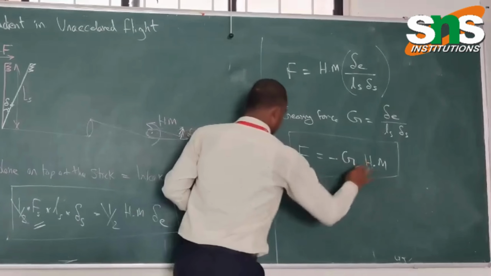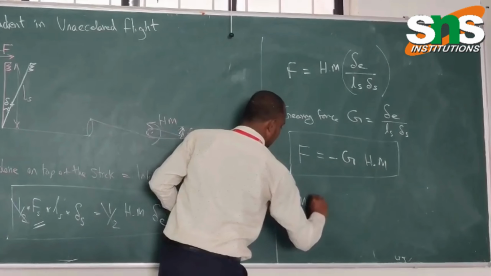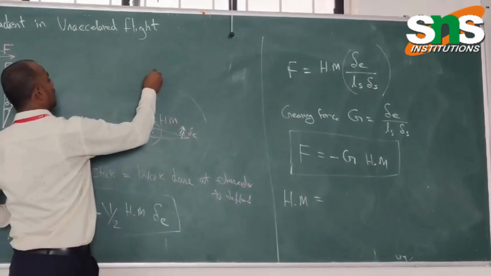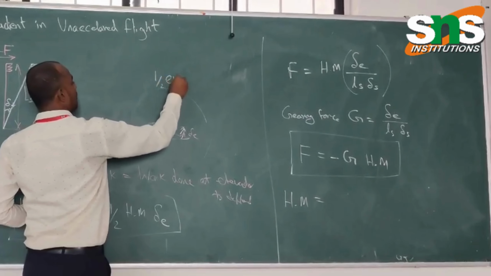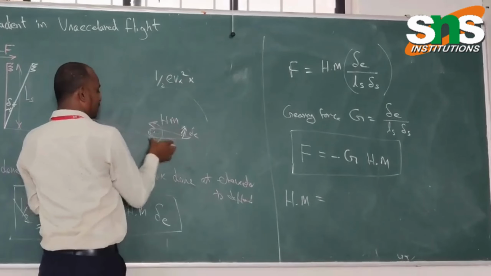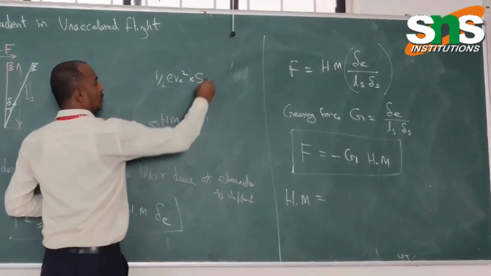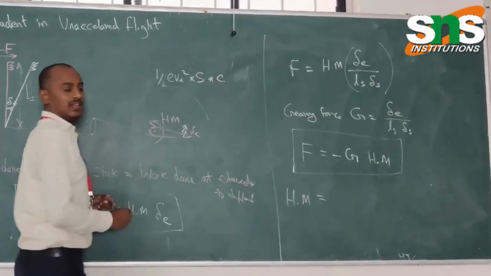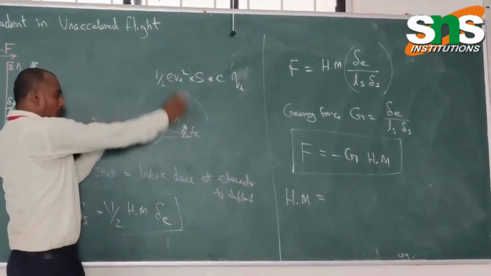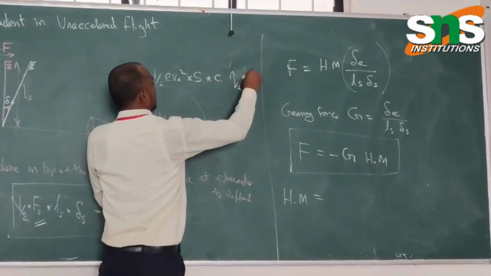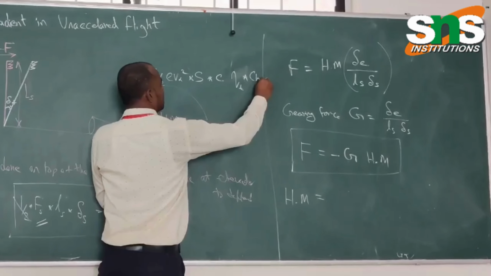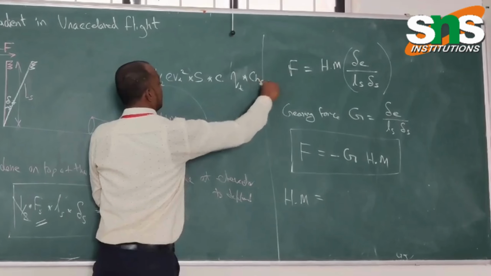Now the hinge moment of the elevator purely depends upon the dynamic pressure, half rho V squared, over the control surface, the wing surface, the chord, the tail volume ratio, and the hinge moment coefficient. That coefficient is due to deflection of the elevator.